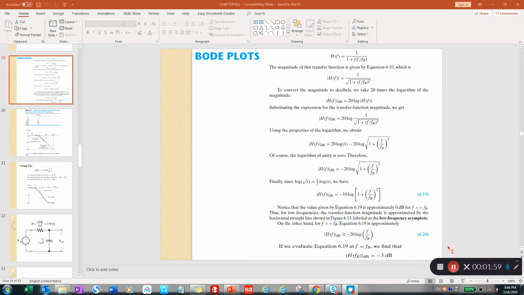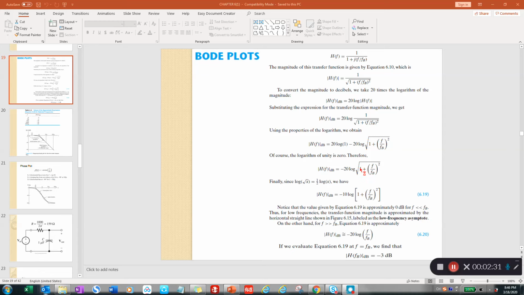Now let's look at other points. What if f is much less than fb? Let's say f equal to 10th of fb. Then this part will be 1 over 10. And if we calculate the square, then the number will be even smaller. Then this part can be ignored. If f is much less than fb, this part can be ignored.